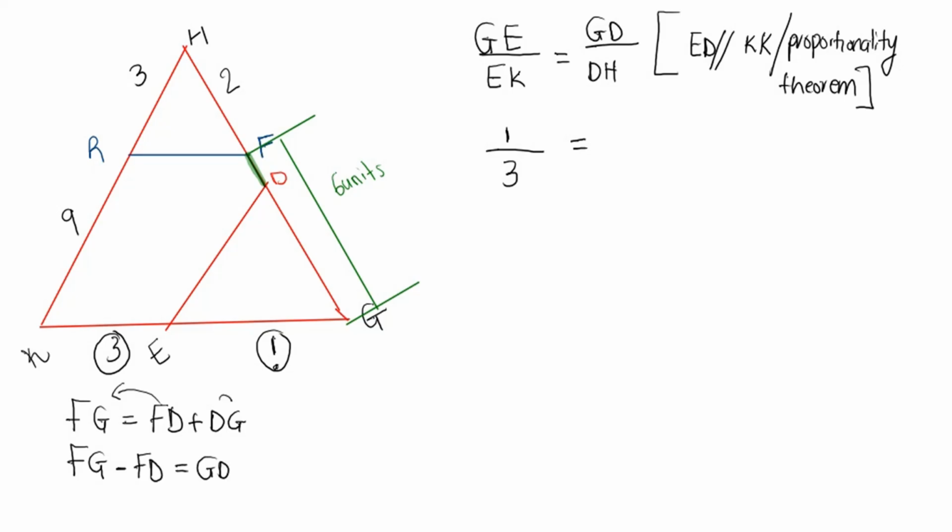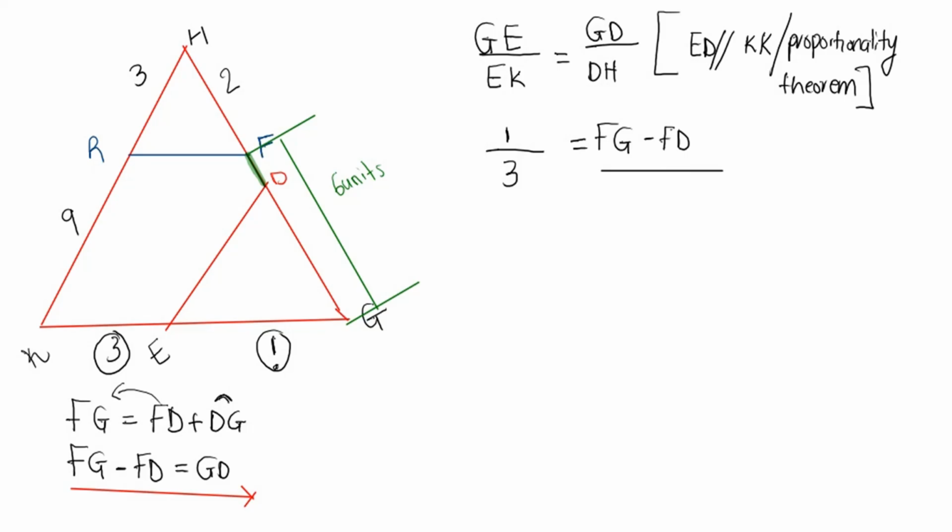I've basically swapped these around. So we can simply substitute these values into our formula here at the top for GD. So when we see GD, we're going to say FG minus FD, all over what is DH?